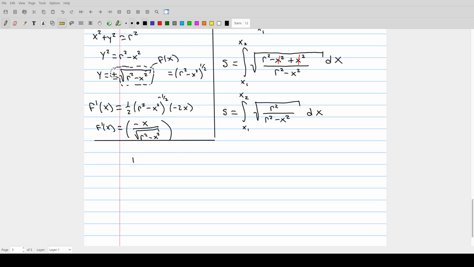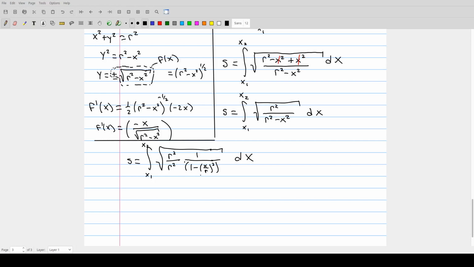Specifically, if we do that, and we factor out an r squared from the top and the bottom, we have that s is equal to the integral from x1 to x2 of the square root of r squared over r squared times 1 over 1 minus (x over r) squared, dx.